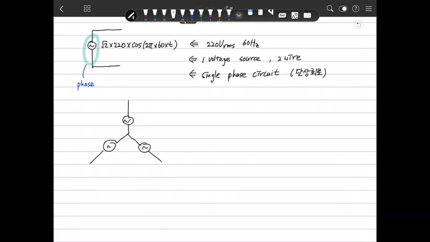Here and here. And this voltage difference is very important.